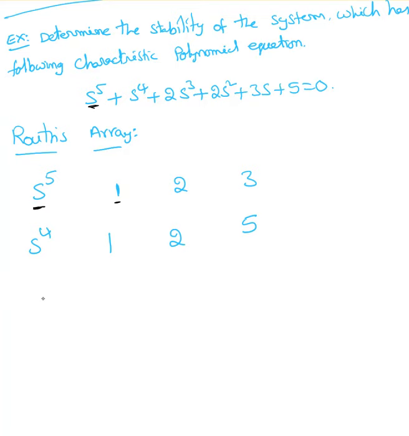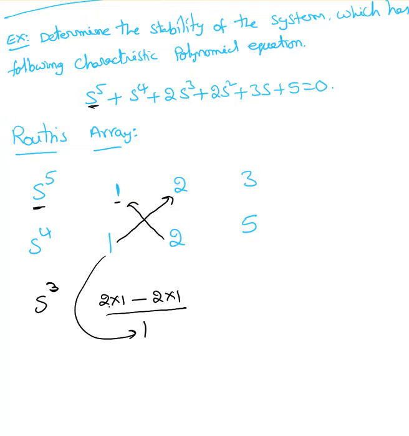Now we're going to find the unknown terms in s to the power of 3. How do you find the first term? We're going to multiply these two first. So 2 times 1, minus, multiply these two, 2 times 1, divided by this term right there.